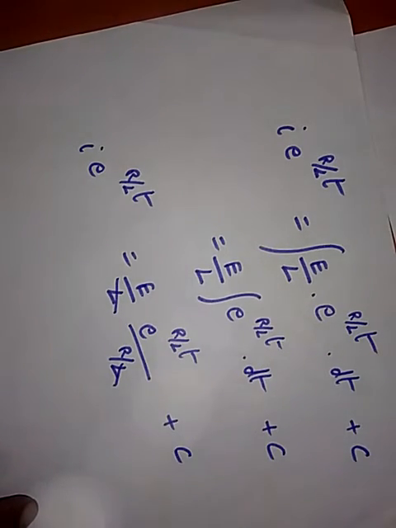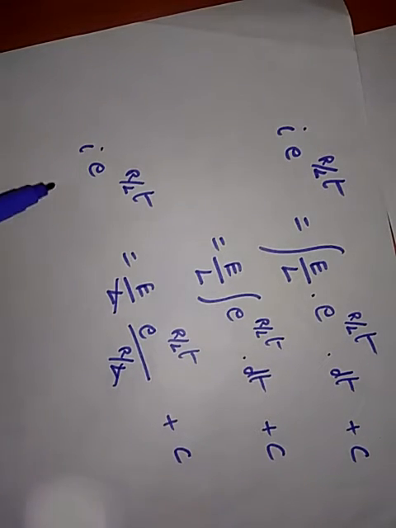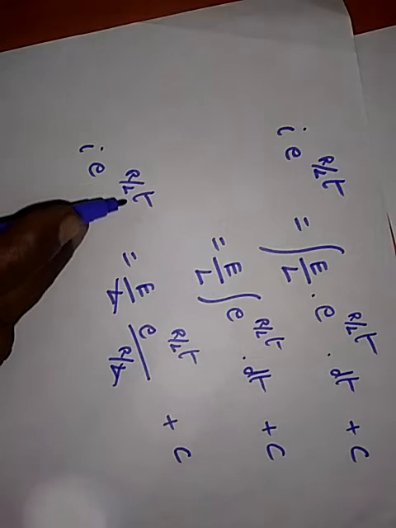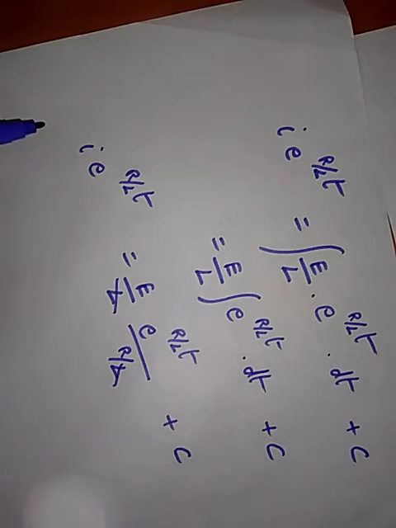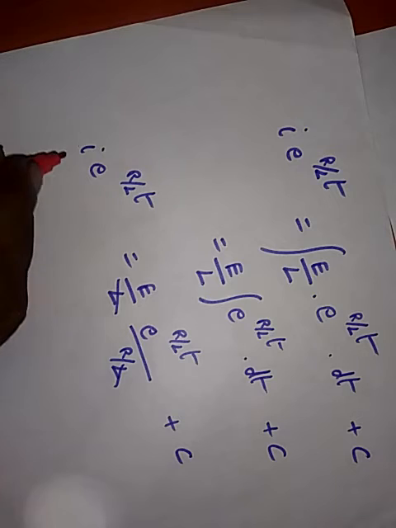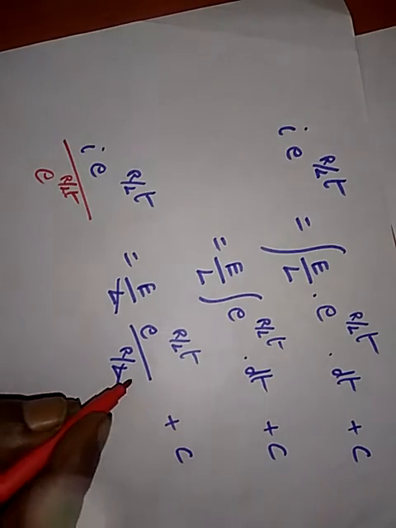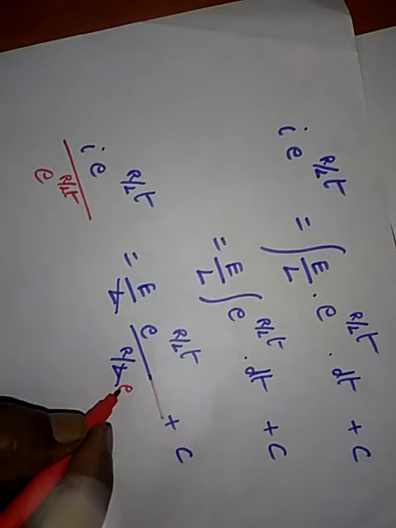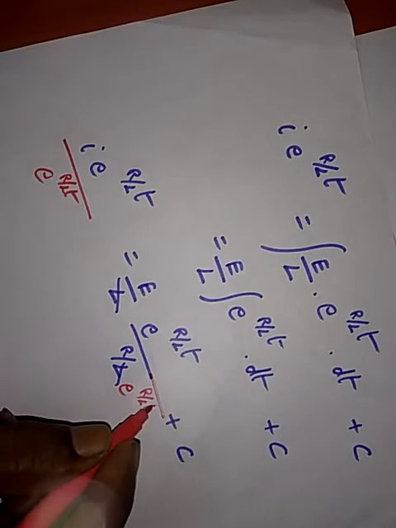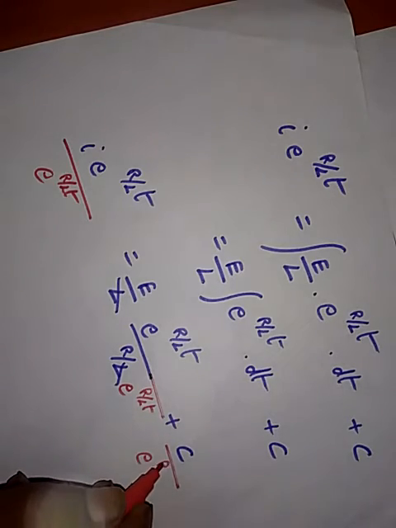Therefore, now we have to find I. So what we do is divide throughout by e power R by L t. Here again we divide by e power R by L t, and c also is divided by e power R by L t.